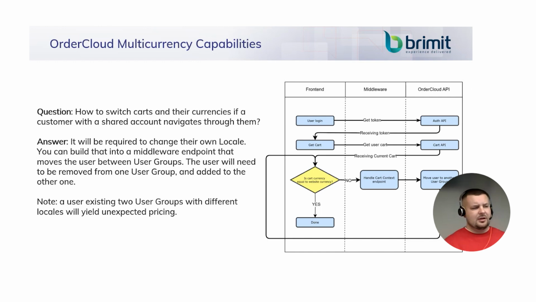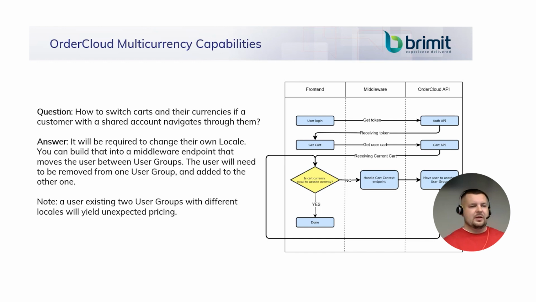Here in the flowchart diagram which I created, we can see that we have three different states: a front end, a middleware, which is a custom service we use to do any sort of custom handling, and the OrderCloud API.